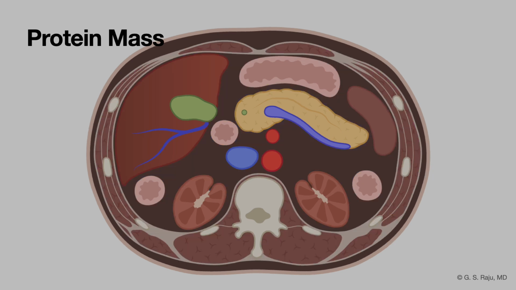And the way to look at it is look at the muscle. People look at iliopsoas muscles, whether they're atrophied or not, to give an idea whether the patient is protein energy deficient or not. So something to keep in mind whenever you're looking at CT, take advantage and try to learn as much as possible about that patient.